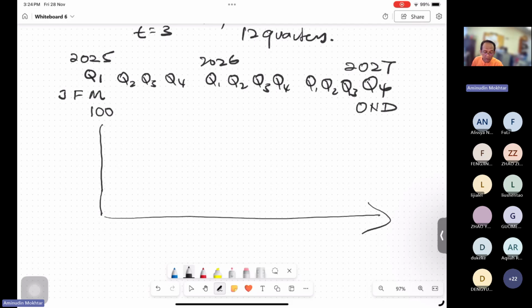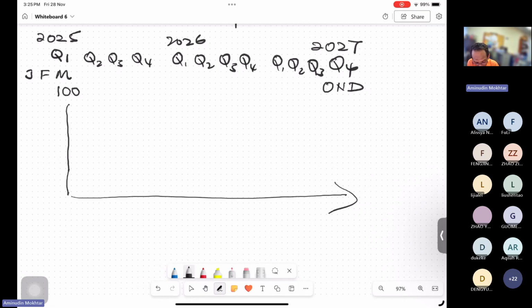Since this is an ordinary annuity, let's say the money is deposited in the bank at the end of March. So now we want to calculate the future value of the 100 after 3 years, at the end of the fourth quarter of 2027.